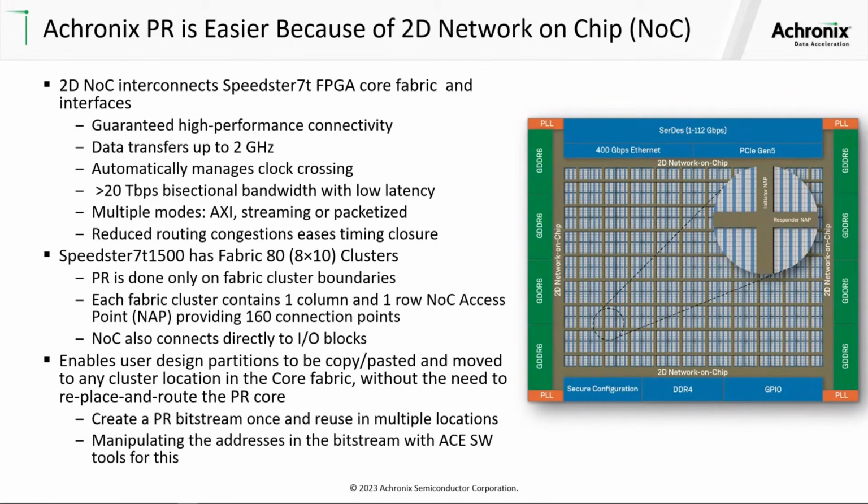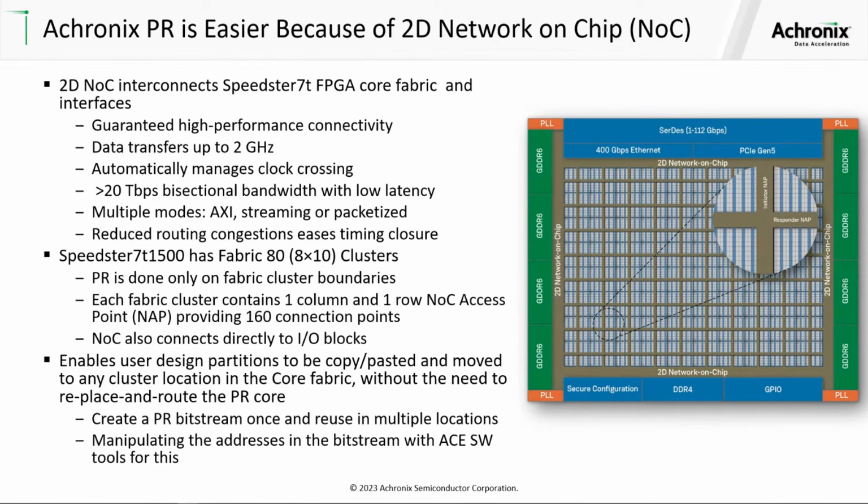So the first thing I want to explain is the fundamental difference in our architecture compared to competing FPGA architectures: we have a hardware NOC, a network on chip, a 2D NOC that runs around the entire FPGA core fabric and disconnects the I/O ring from that FPGA fabric, making it much easier to get guaranteed high performance from connecting different parts of the device together.